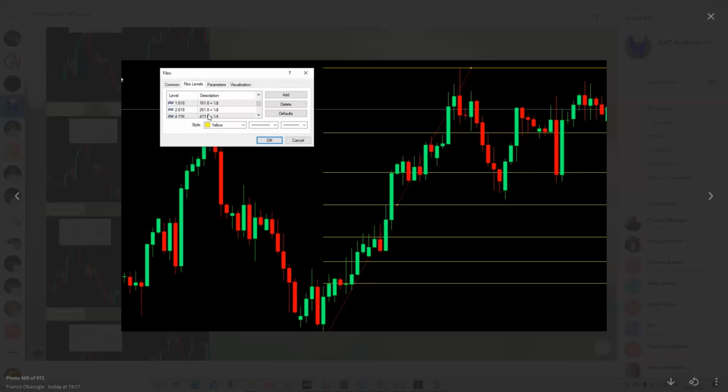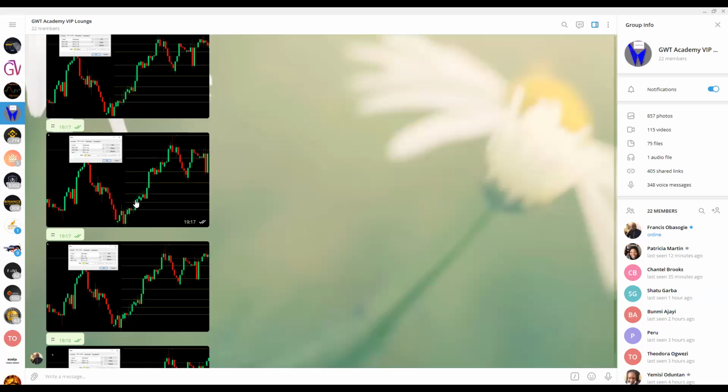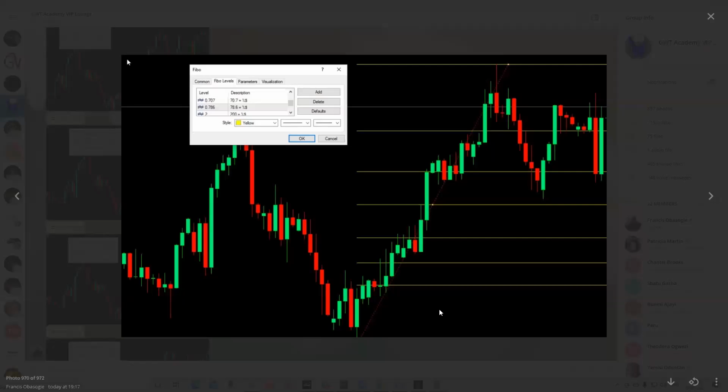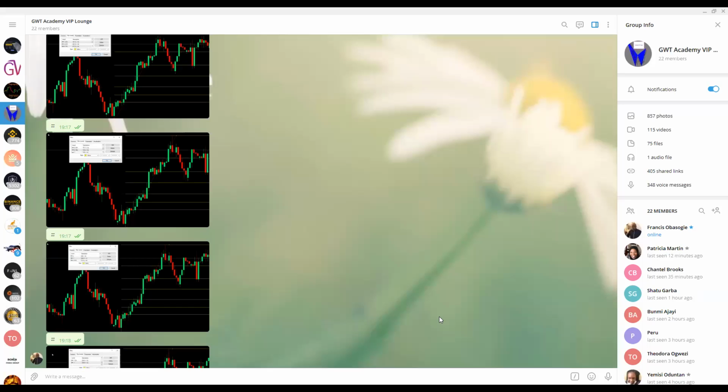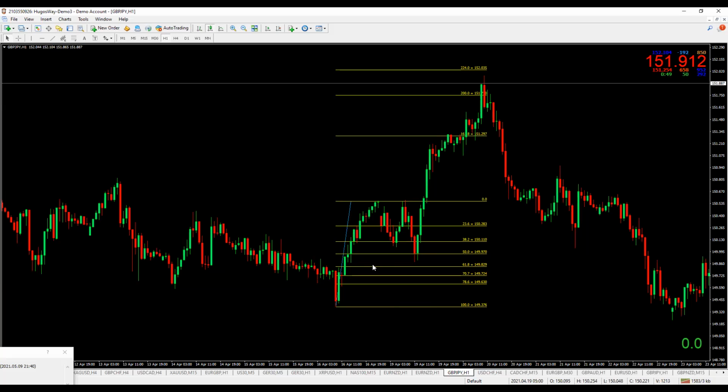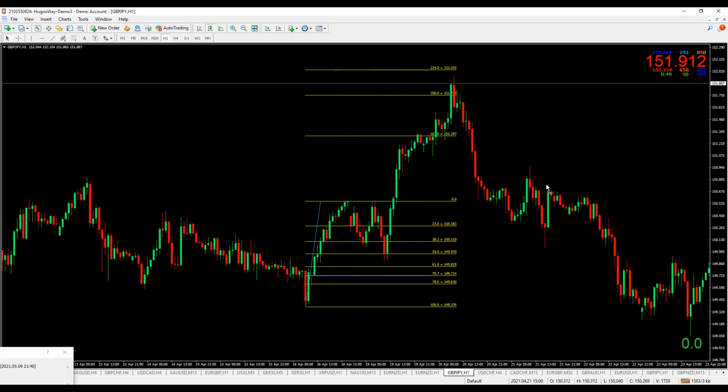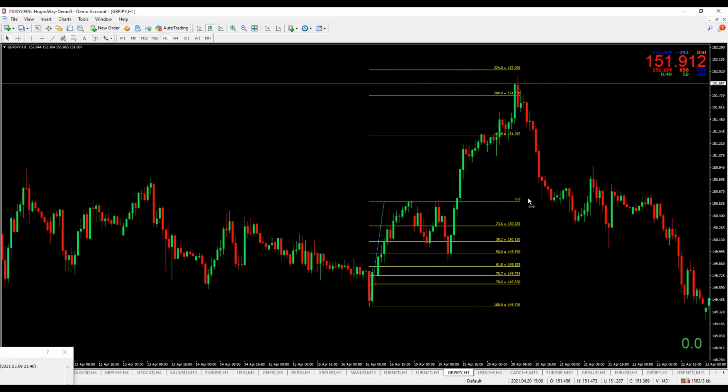Like we see here now, this is a number bigger than 100%. This is 161.8, 261.8. What we should do, to make it easier to understand, is make some of them negative.